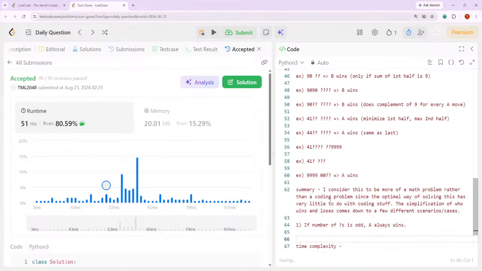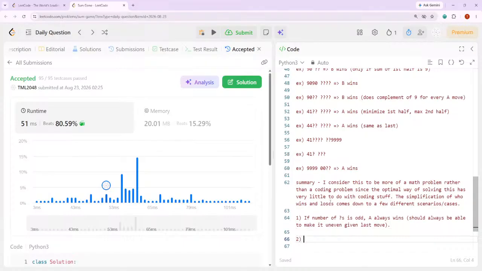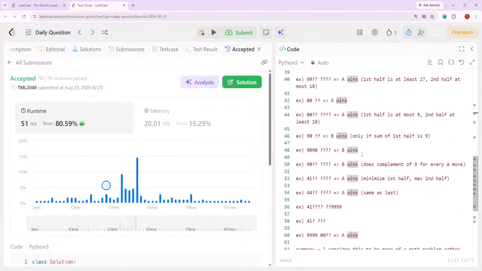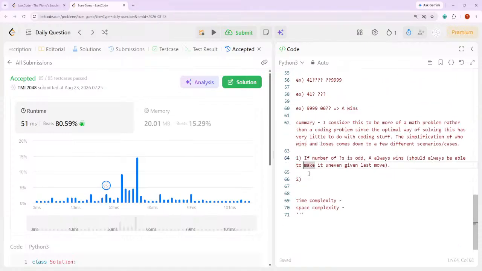That's just by logic. Alice has the last move there, and they should always be able to make it uneven. And then what was the other one? Alice wins if the split is not already a multiple. I guess this is kind of the trivial case.